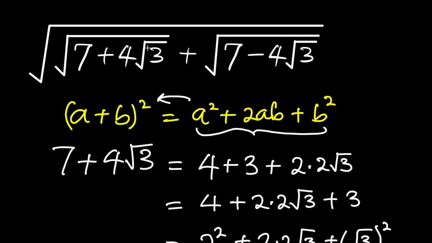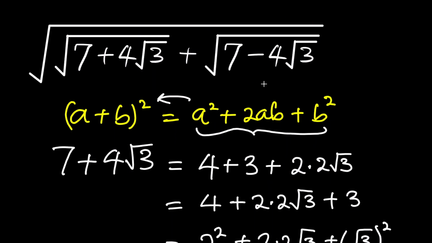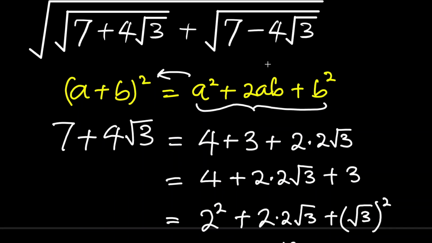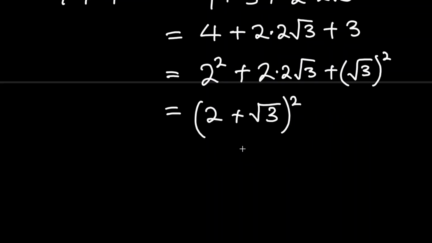So now that we have this to be 2 plus root 3, when we are trying to rewrite the other one as a square, this is going to be 2 minus root 3. All right, so let's get to it.